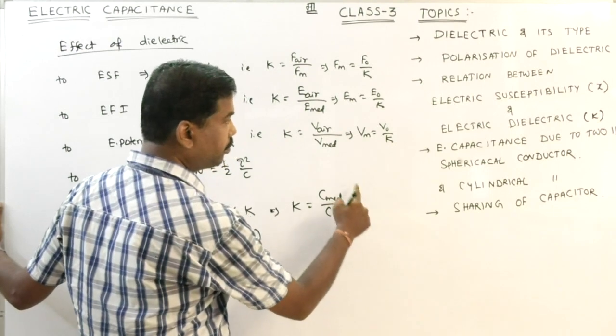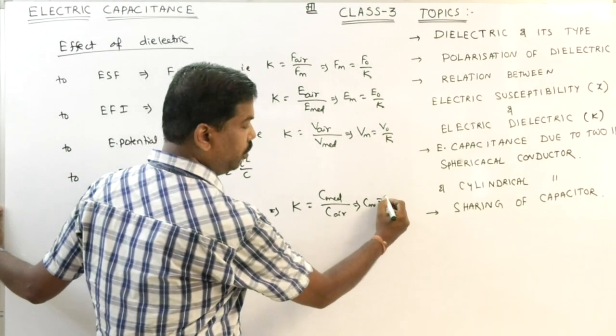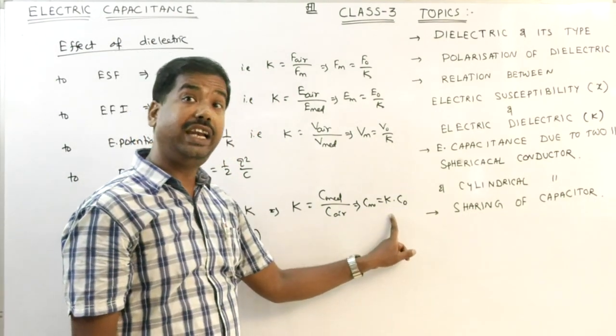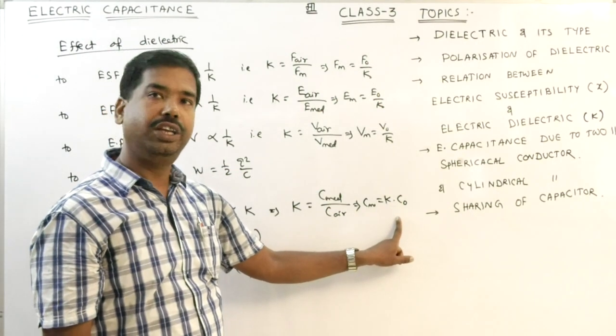Hence, C medium is equal to K into C0. With increase in dielectric constant, everything else decreases while the capacitance increases.